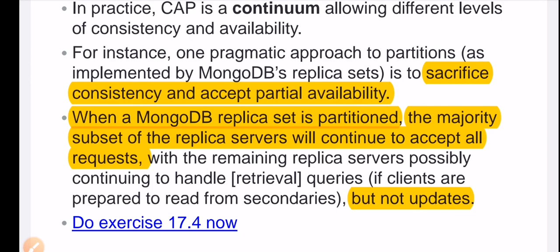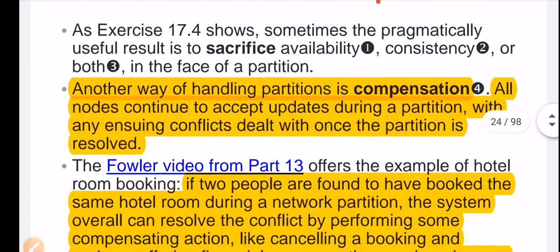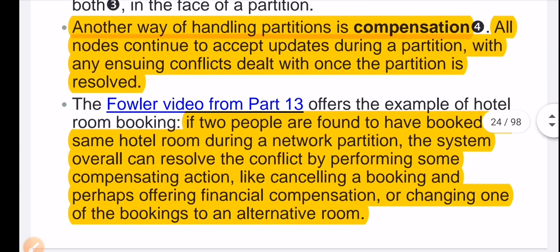So if both booked the room during the partition, and it was the same room by chance, then they come to this hotel to take their room. Maybe the hotel gives the room to one of them and gives the other one another room, or maybe gives some kind of financial compensation to those people.